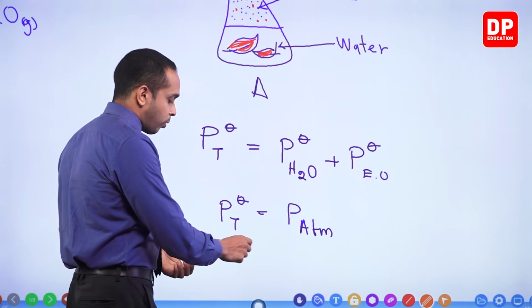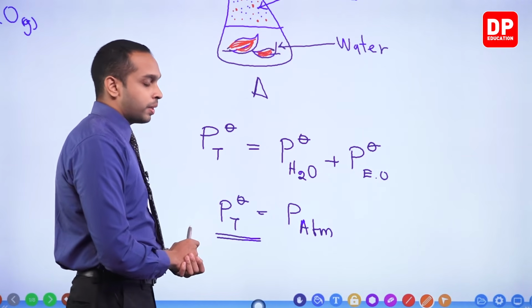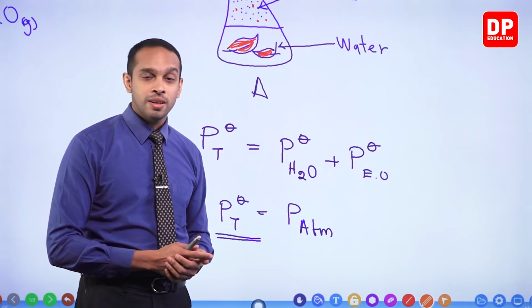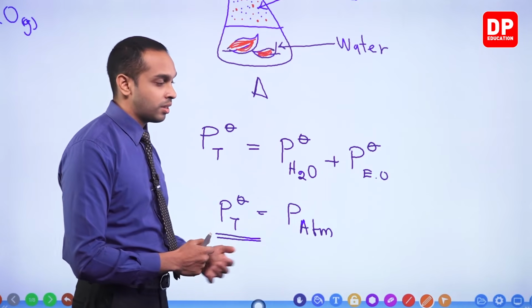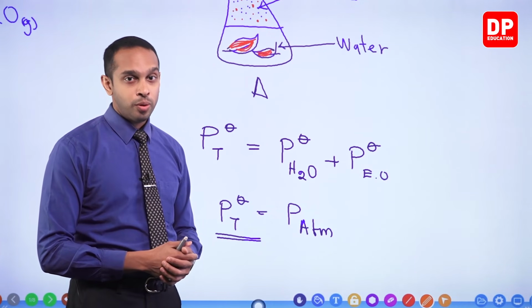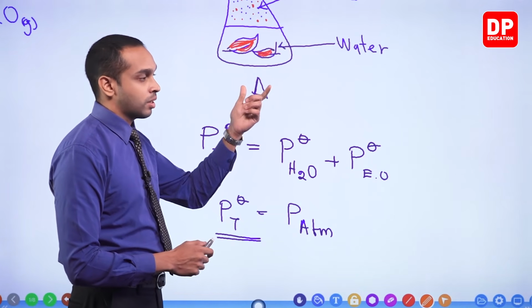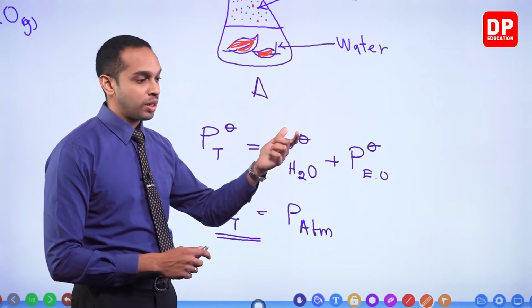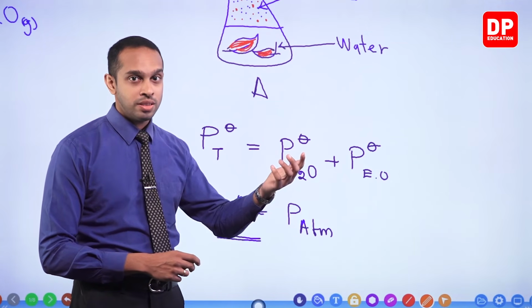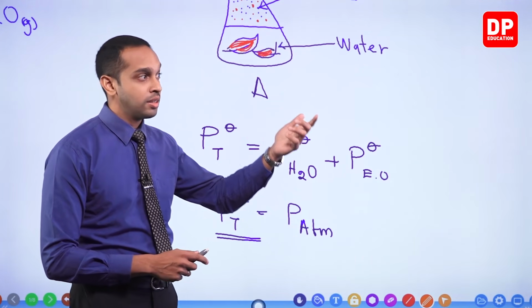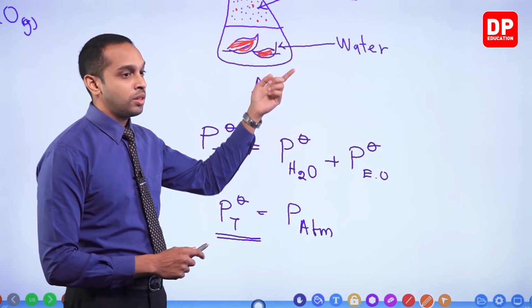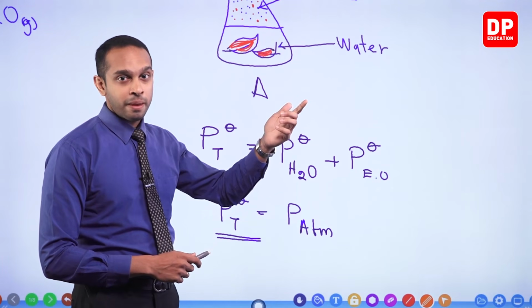So since we are only waiting till the PT reaches atmospheric pressure, we will have the liquid boiling before each of these boiling points are reached individually. So when it comes to water's boiling point, it's 100 degrees Celsius. So we don't have to wait till 100 degrees Celsius to see this mixture boil, right?